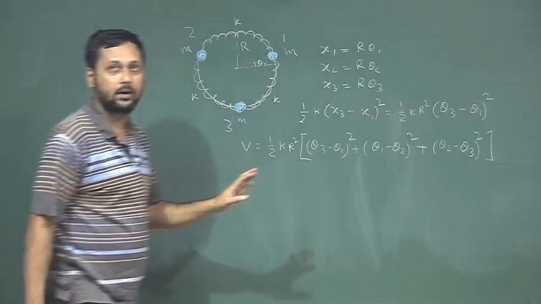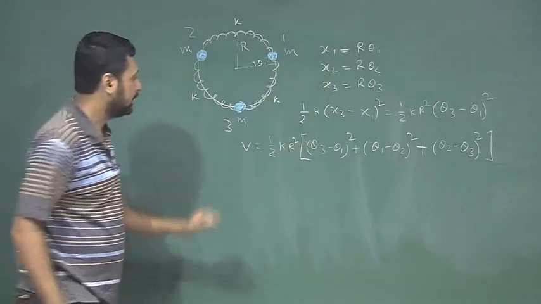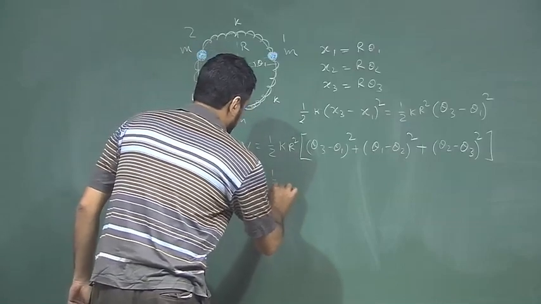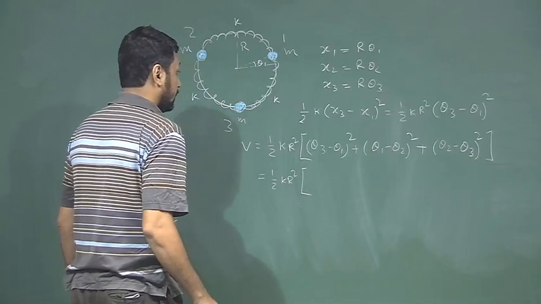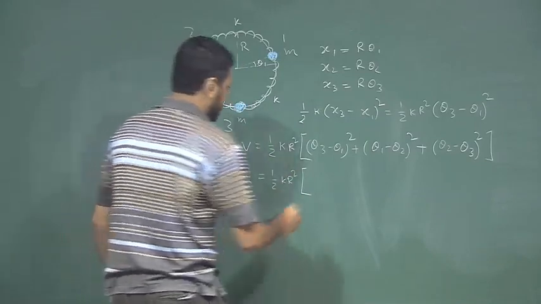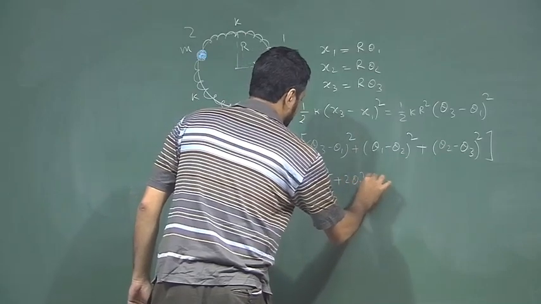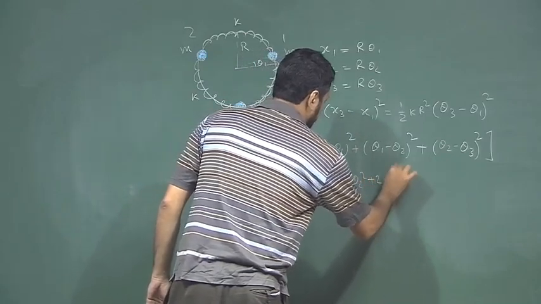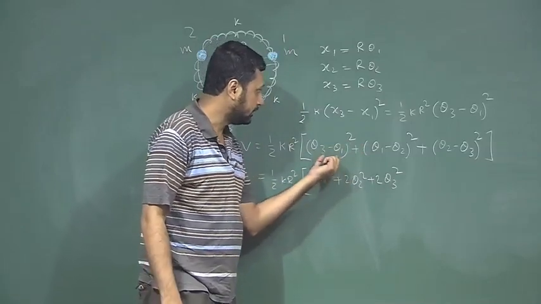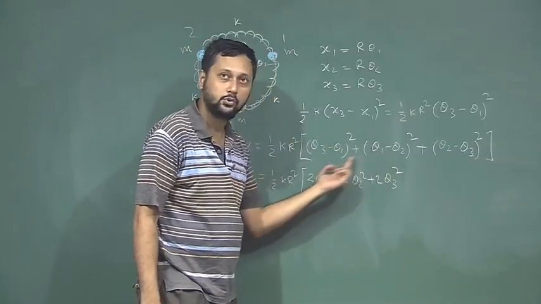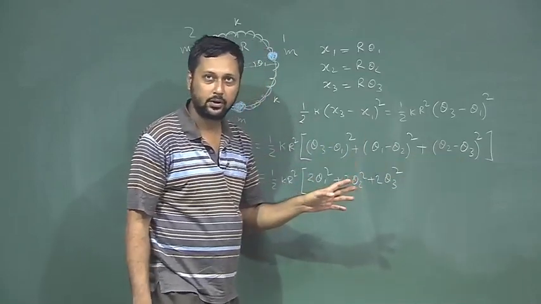So, I hope I could convince you that this is the right way of writing this potential energy. Now, if we open the brackets, it will be 2 theta 1 squared plus 2 theta 2 squared plus 2 theta 3 squared, right, because for example, this one and this one will contribute 2 theta 1 squares, this one and this one will contribute 2 theta 2 squared, and so on.